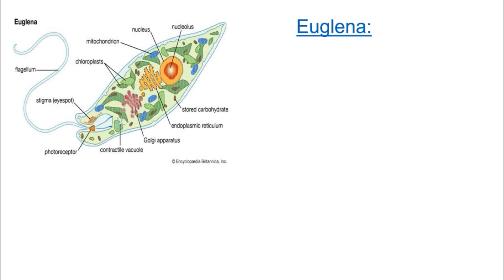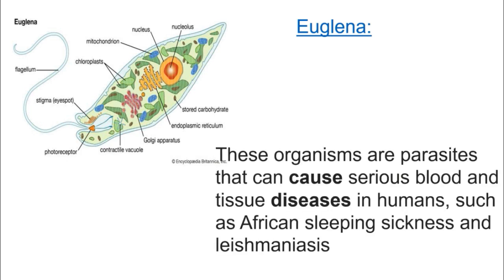Remember, it has a nucleus. But what you should know is this organism is also a parasite. That means it depends on other living organisms for its food. It is again pathogenic, means it brings disease for humans. So we have to be very careful about this microbe.